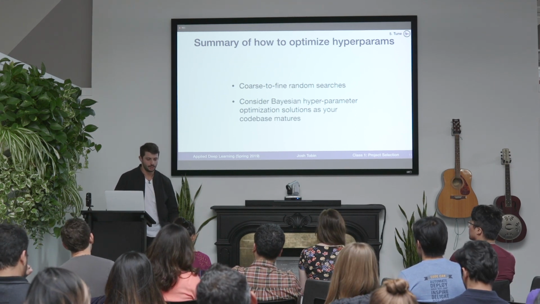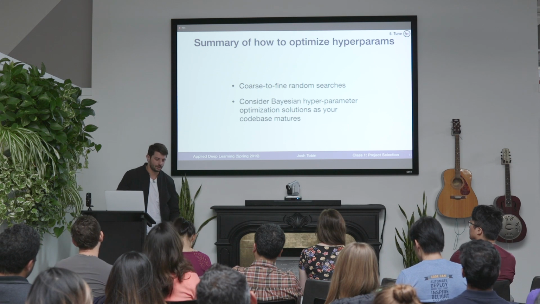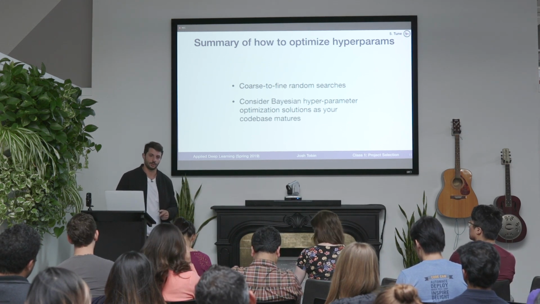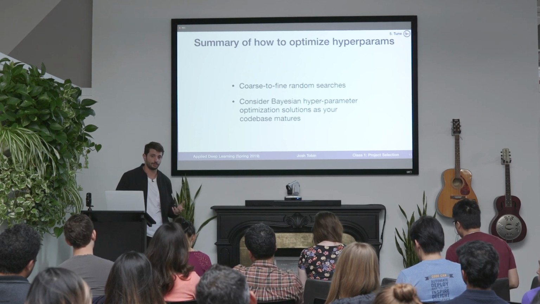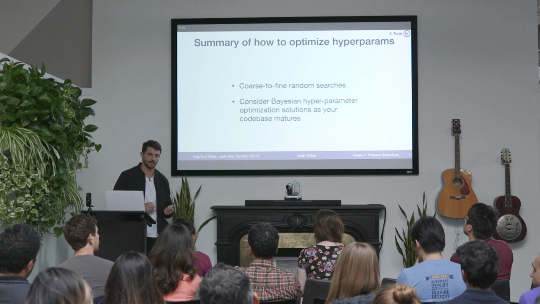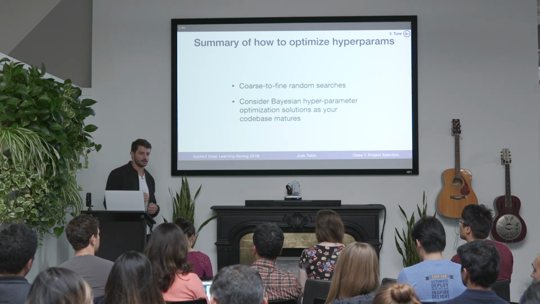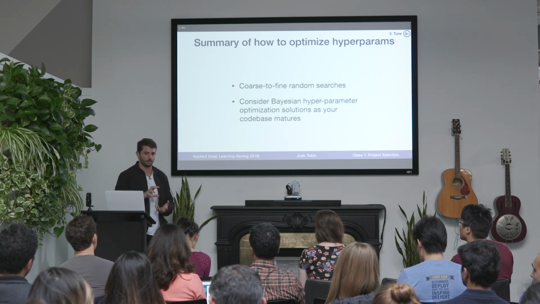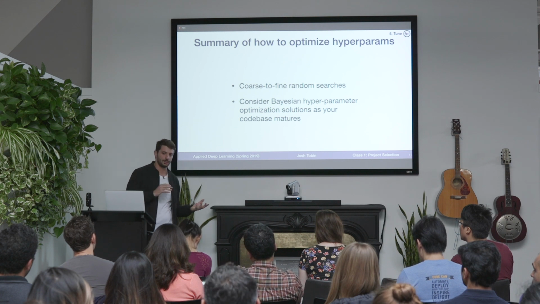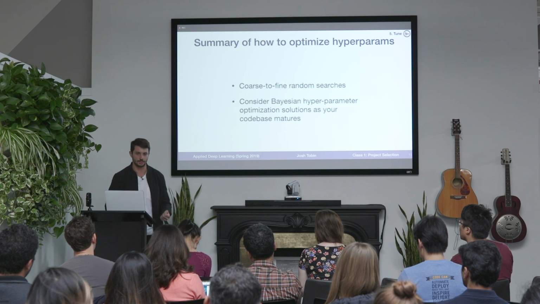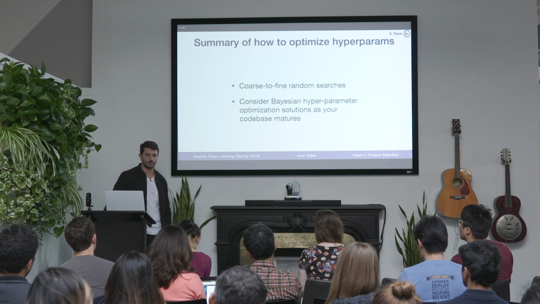If you're still working on a really simplified version of your problem and you still can't get your training error low enough, then I would keep working with that simplified version of the problem until you can find hyperparameters that do get your training error low enough. And then as you move on, your data set will get bigger and more complex as a function of just being better at working with the simpler data set. And then at that point, when you're doing hyperparameter searches, I would use the full version of the data set that you're working with at that time.